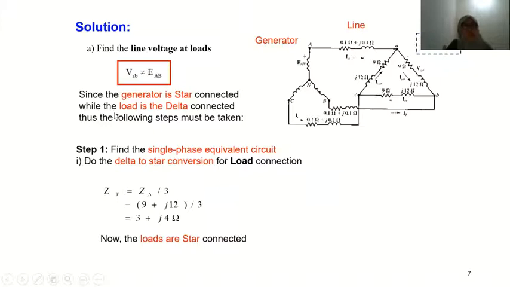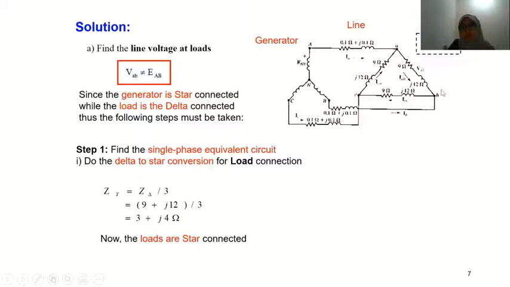The solution for this kind of question is just following the several steps that I stated here. This is the generator side, this is the line side, and this is the load part. Find the line voltages at the loads. Now VAB is no longer equal to EAB.